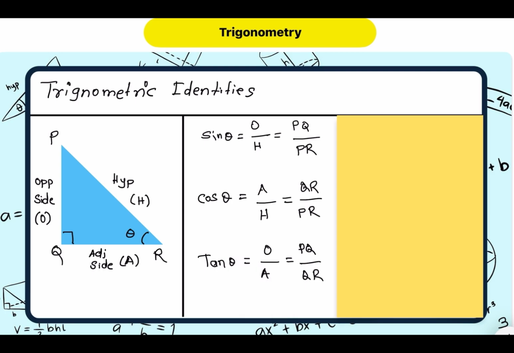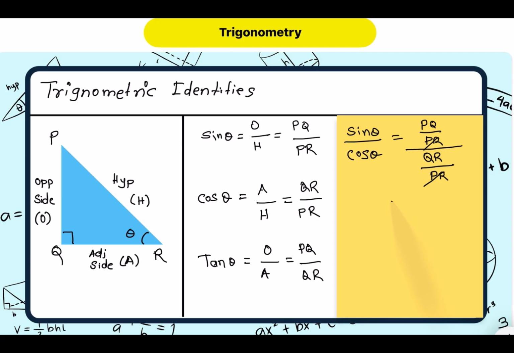What is sin theta? PQ upon PR, and cos theta is QR upon PR. Let's divide sin theta by cos theta. What we get is PQ upon PR divided by QR upon PR. As PR is common on both sides, it gets cancelled out.